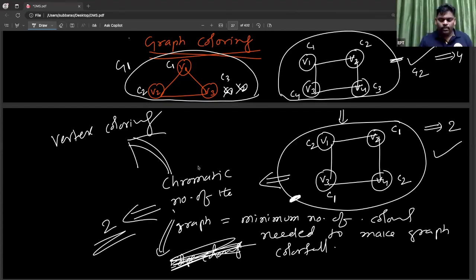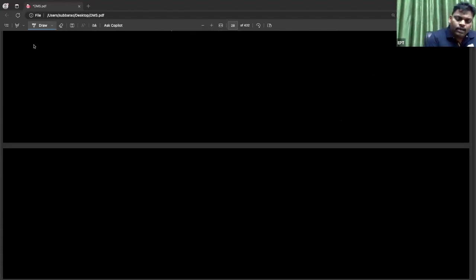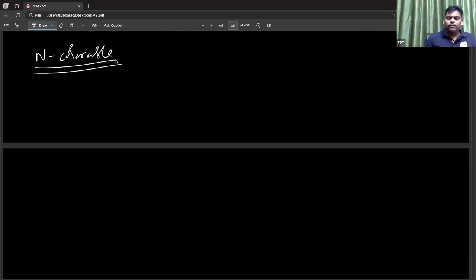Fine. Now let's go to one more line. Write down n-colorable. What is the meaning? To make the graph colorable, if you use at most n colors, then I can say this graph is n-colorable.